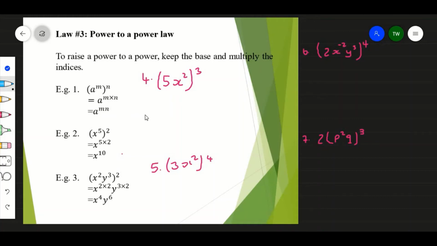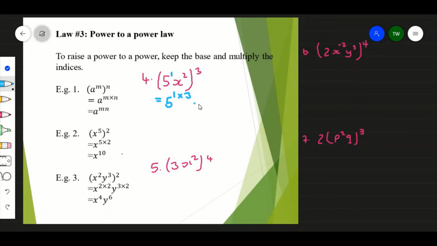So let's look at example 4. Here we have 5x squared all raised to the 3rd power. Remember that 5 by itself is the same thing as 5 raised to the power of 1. So applying the power to power rule, it's going to be 5, keeping the base, raised to the power of 1 times 3.